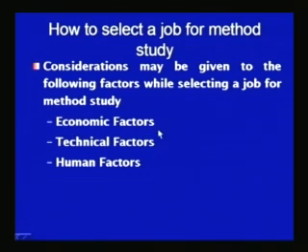First, economic factors: the job being selected should be important from the economy point of view of the organization, and it should increase the productivity of the organization. Second, technical factors: the technical expertise required to handle the given job or to handle the given method for improvement should be available.